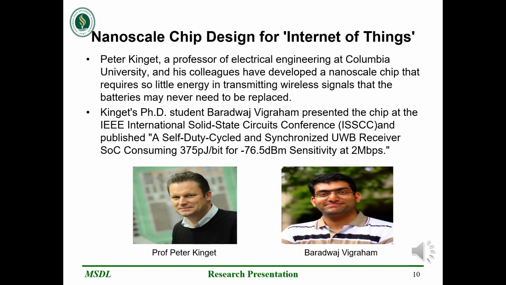Kinget's PhD student Bharadwaj Vigraham presented the chip at the IEEE International Solid-State Circuits Conference and published a self-duty-cycled and synchronized ultra-wideband receiver system on chip consuming 375 picojoules per bit for minus 76.5 dBm sensitivity at 2 Mb per second.